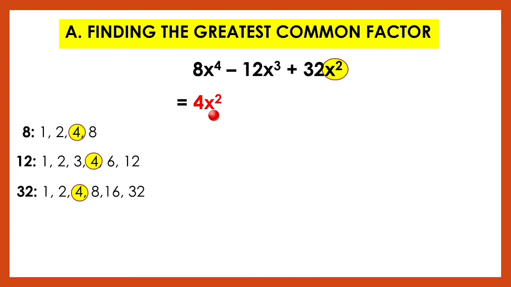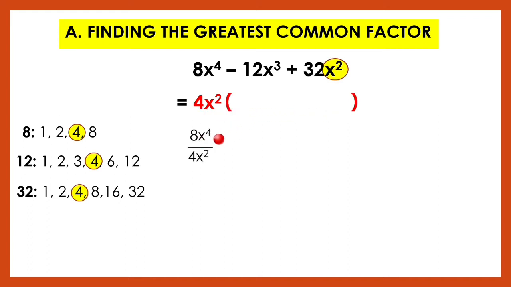After makuha yung greatest common factor, i-divide natin yung polynomials dito sa greatest common factor. So, isa-isahin natin bawat term. So, una, 8x to the fourth divided by 4x squared para makuha yung next na factor.